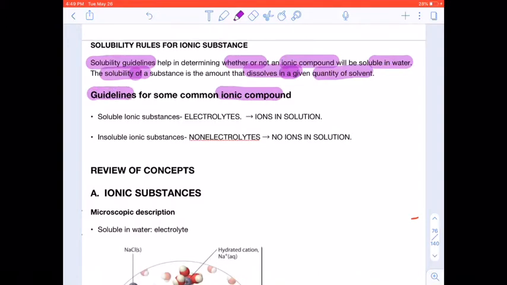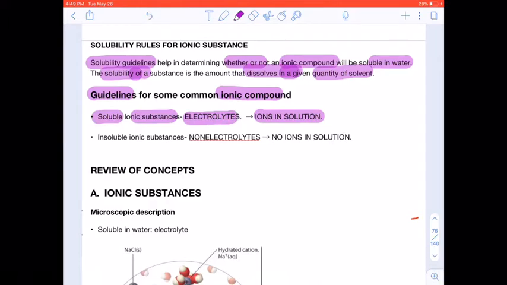So what we do know is we have soluble ionic compounds, like I've just drawn your attention to, and the soluble ionic compounds are referred to as electrolytes. What does that mean? When these ionic compounds dissolve in water, they form ions in solution. We've dealt with that in our previous lessons.